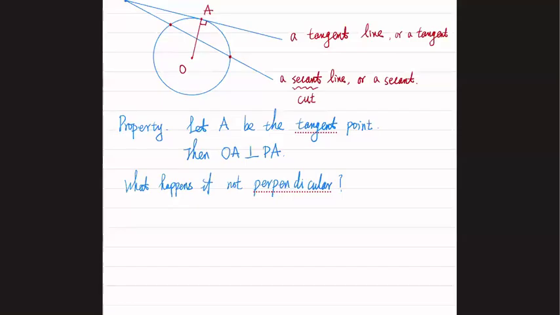If it's not perpendicular, let's draw a picture. A line and non-perpendicular. So if it's not perpendicular, let's draw a perpendicular line.